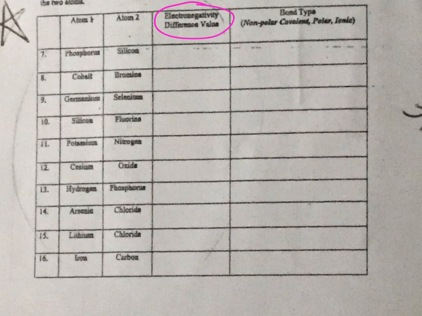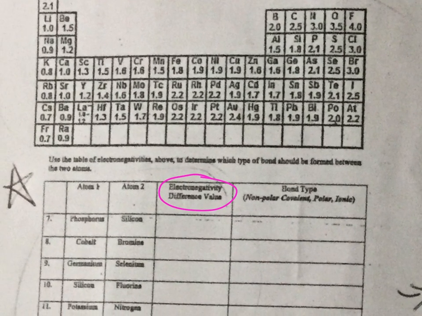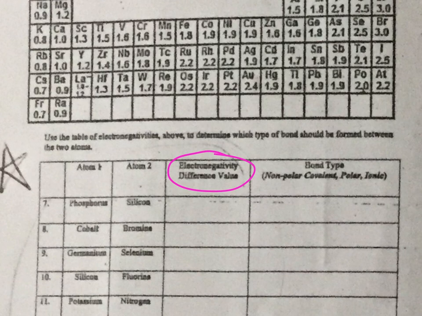So you will literally look up phosphorus. Phosphorus is 2.1, and silicon is 1.8. So we will go 2.1 minus 1.8.